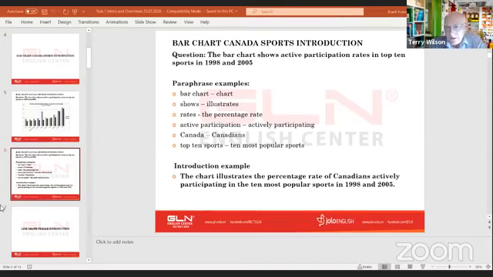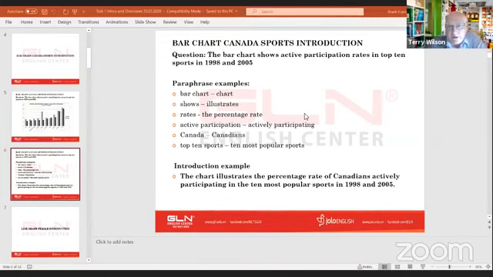So what does that mean that we end up with here? Well, here is the example that I've written. So the chart illustrates the percentage rate of Canadians actively participating in the 10 most popular sports in 1998 and 2005.